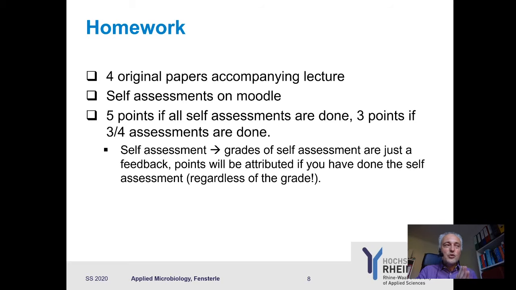Now, these are real self-assessments. I want you to read the papers and understand the papers. You will see in a couple of seconds, we will talk about treating coronavirus, and you will see how important it is for you. You should become scientists.